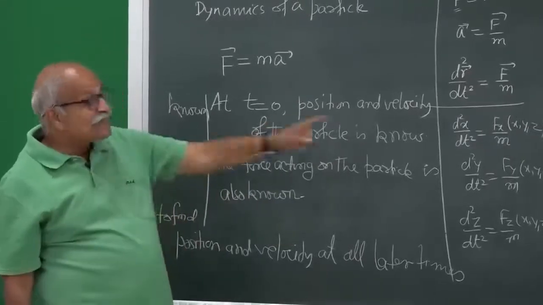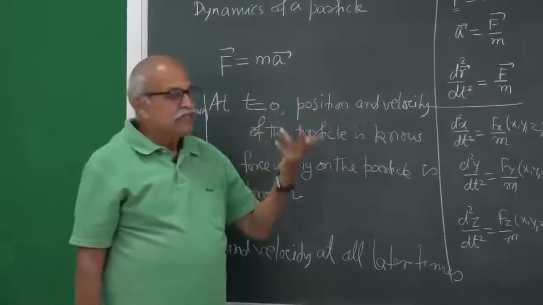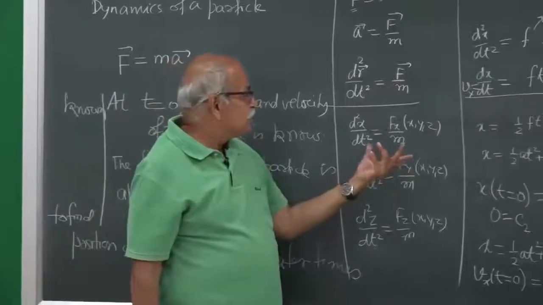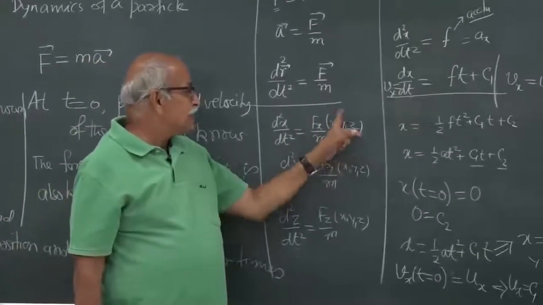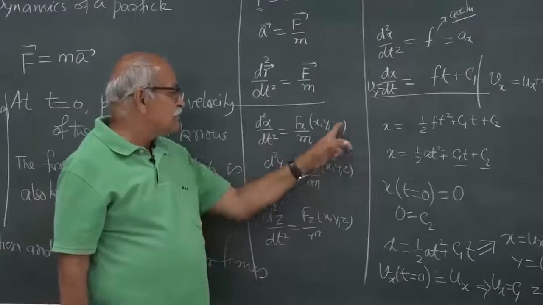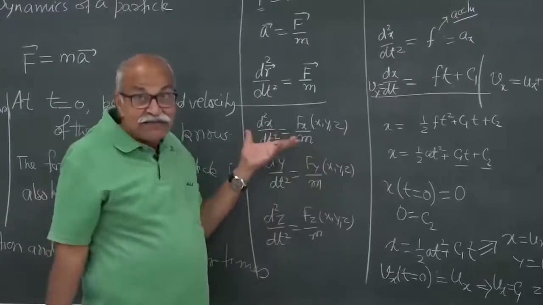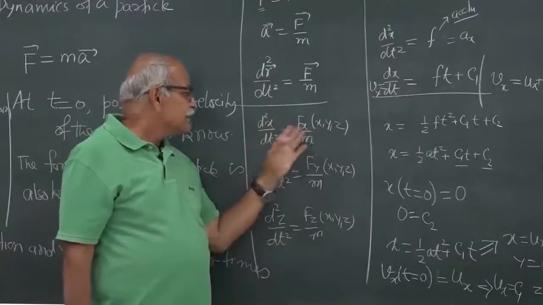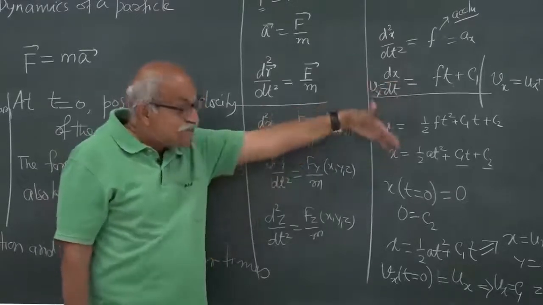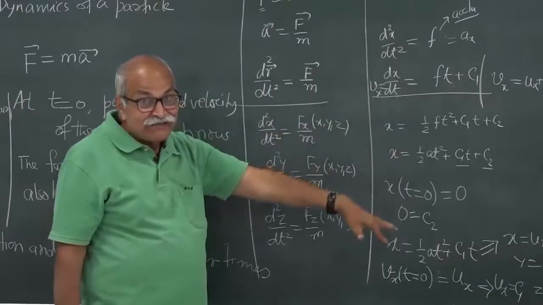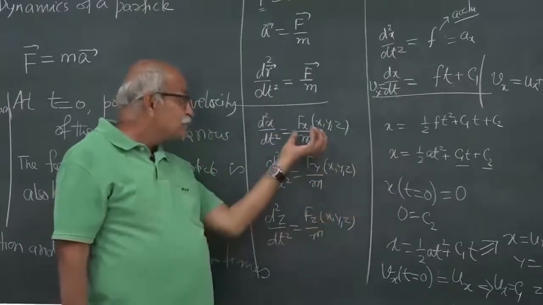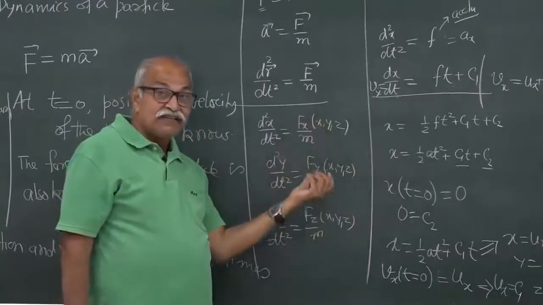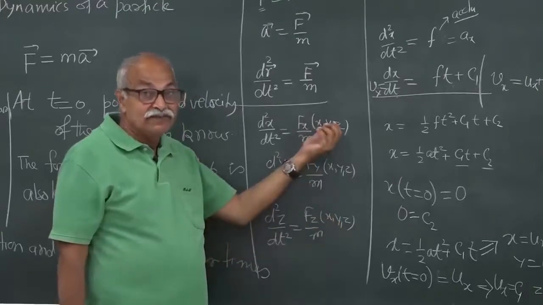If it is not constant, then there are techniques. If you have this kind of equation, but then this depends on x or it depends on y, it depends on z or it depends on time, then you have techniques of integrations, and from there you will rederive the corresponding equations which will depend on how this fx, fy, fz are depending on x, y, z or time.